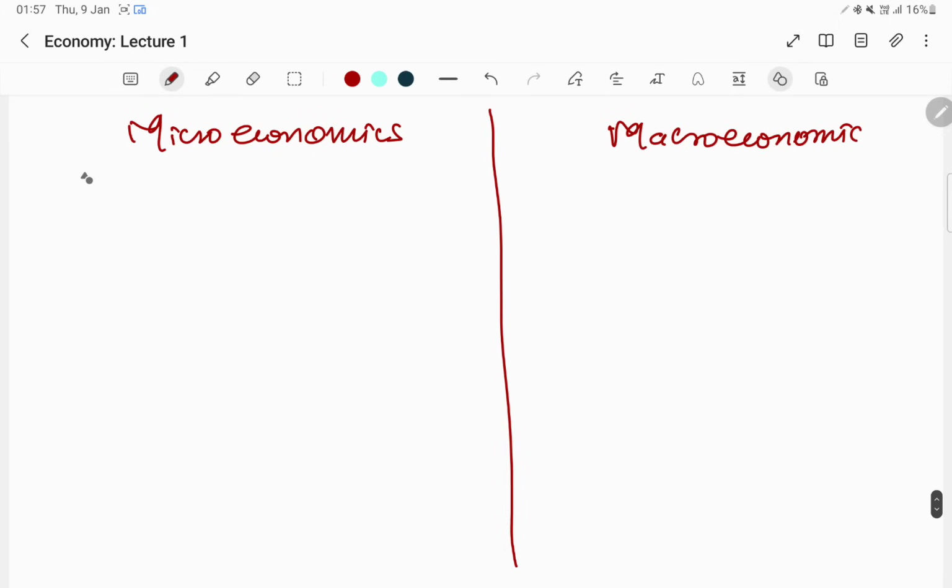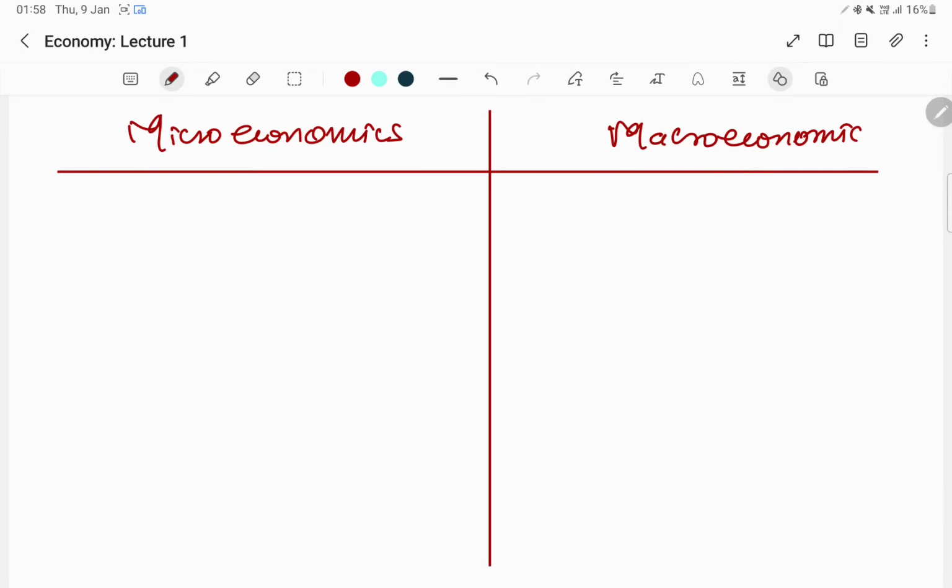So we will see what exactly these are, micro and macro. See, in microeconomics, we are studying an individual unit. This is known as microeconomics.